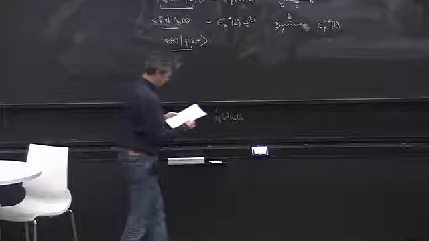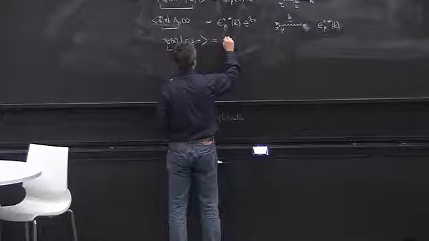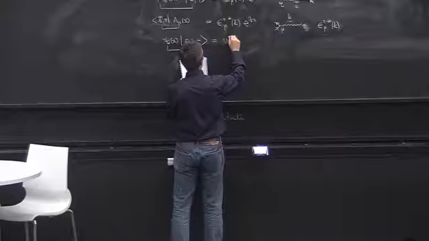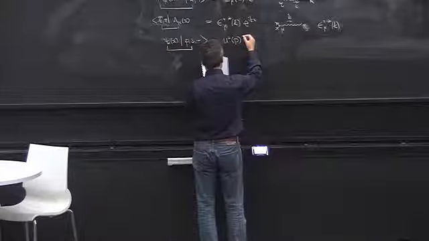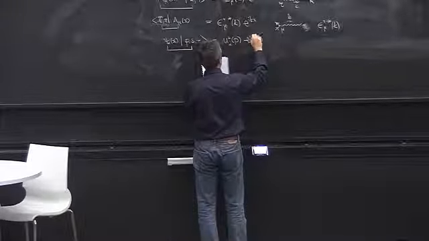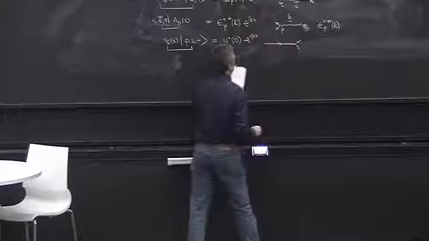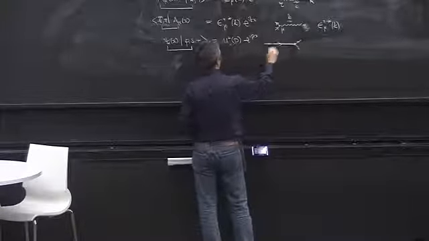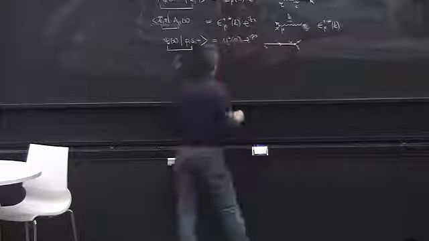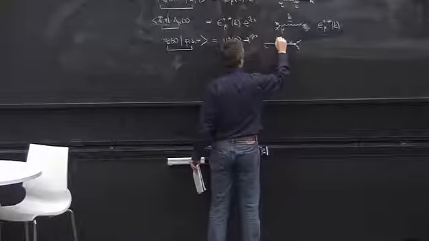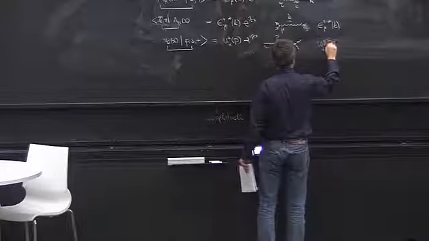So it describes an incoming electron and associates to it the wave function u s of p alpha e to the ipx, and so a factor associated to the external line will be u alpha s of p.